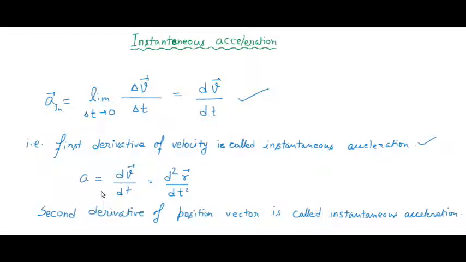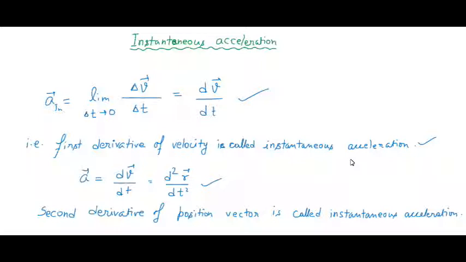So if a is the instantaneous acceleration here, then we can write a is equal to dv by dt, and v we can again write as dr by dt. So d2r upon dt square. This is a simple form of derivatives. So the first derivative of velocity is also called instantaneous acceleration.